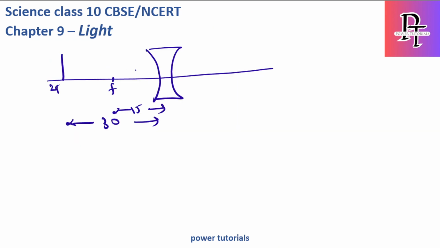So this is the image. If we draw the lines, then it will be diverging from the focus and it will appear to come back at the focus. The second is the line which is passing through the optical center. Just pass it in that way.